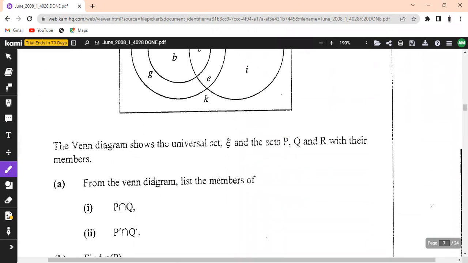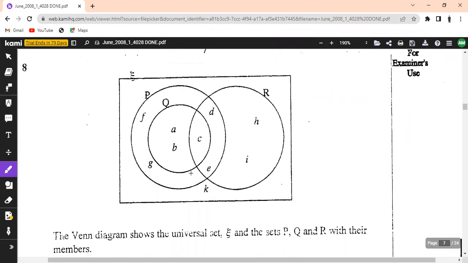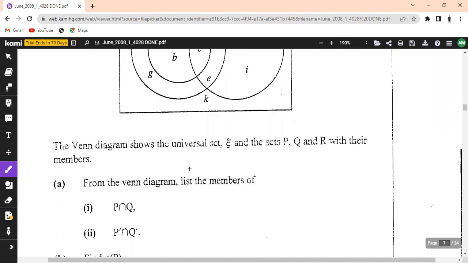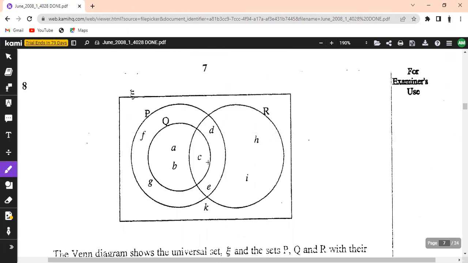Then the Venn diagram, number 9, number 8 is actually number 8. We are given the Venn diagram, whatever we have got there. The first part is to, from the Venn diagram, list the elements of P intersection Q. All right, so where is P, where is Q? If you cross-check, this is your P, this is your Q, and Q here is a subset. This Q is a subset of what?